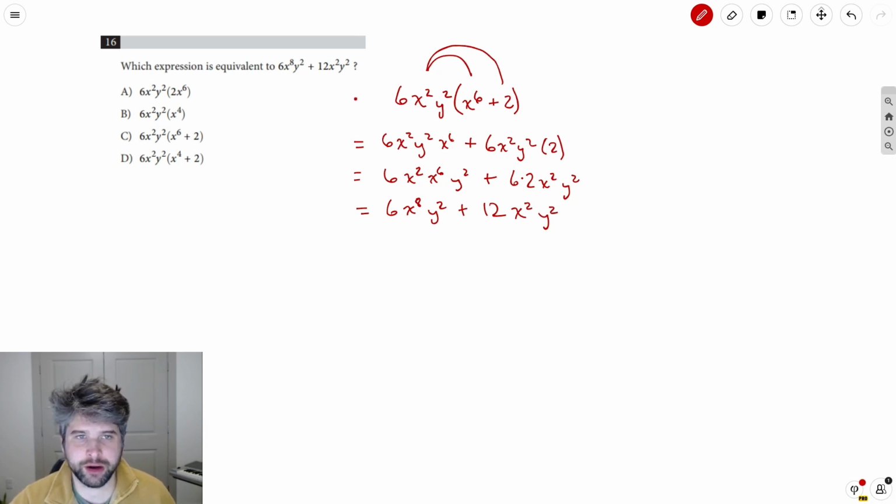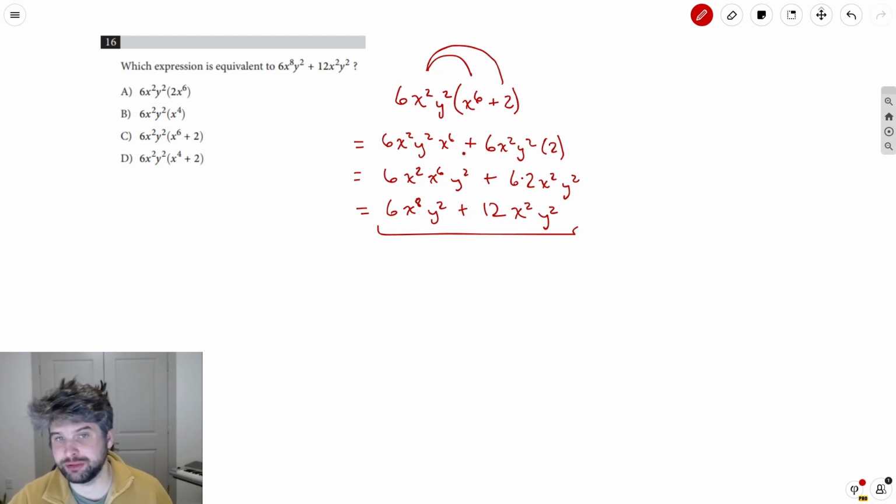If we look back up here, this happens to match exactly. You might need to reorder things if you had something in the reverse order here and you didn't reorder it right, then you might need to do a little bit of reordering, but compare it to this and you should see that when you reorder, it's exactly this. And that tells us that the correct answer is C.